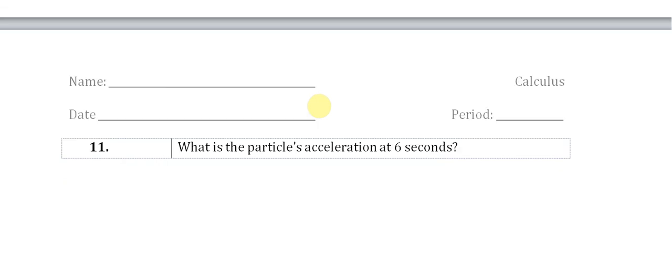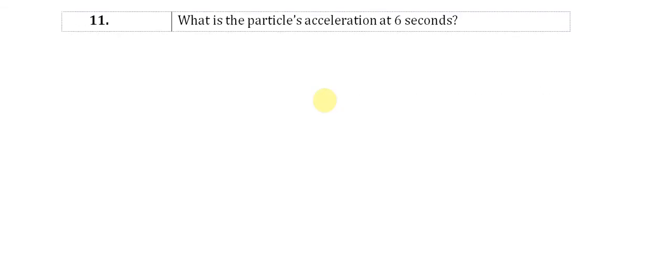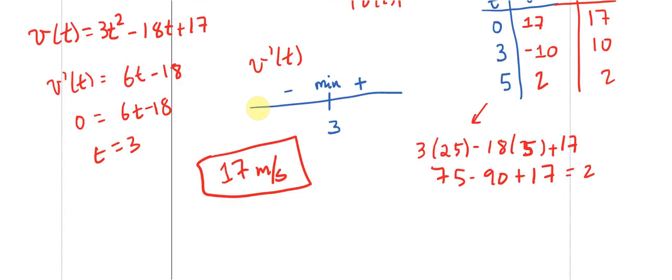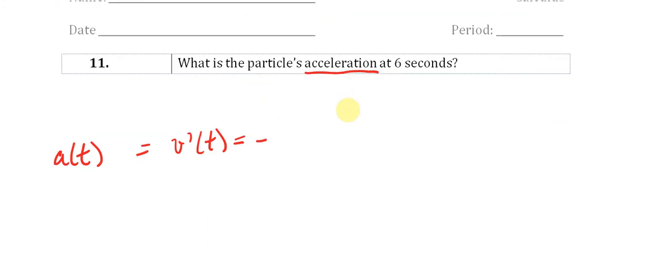And we have one nice, simple example to close this out. What is the particle's acceleration at 6 seconds? Well, we already know that v prime of t, which is really the acceleration function, is equal to positive 6t minus 18.